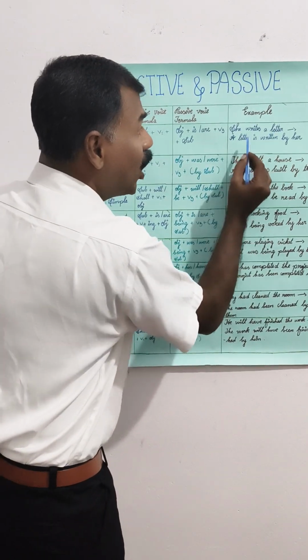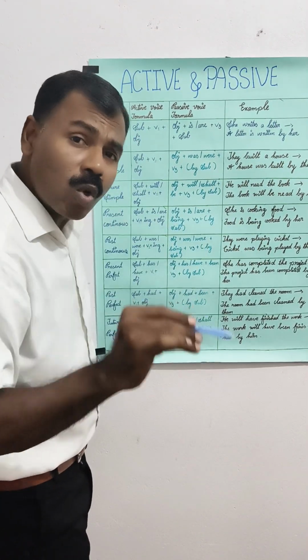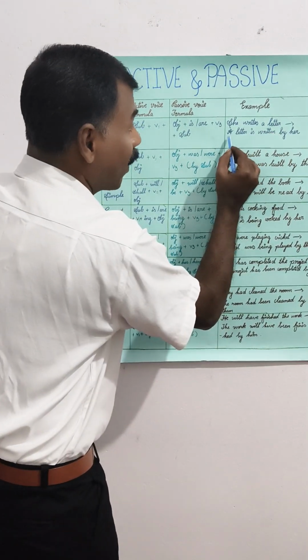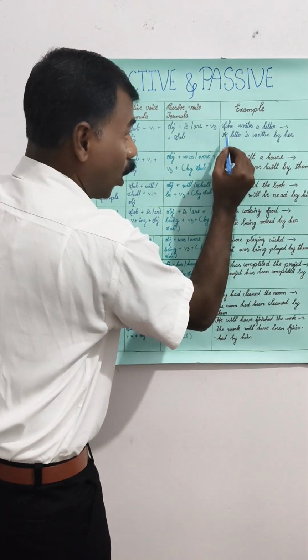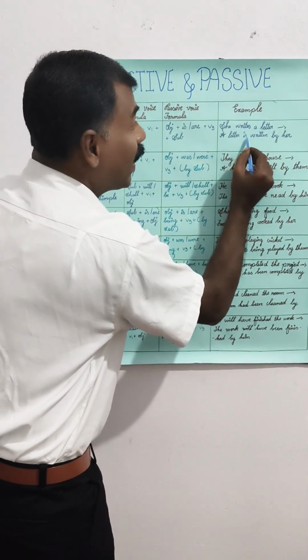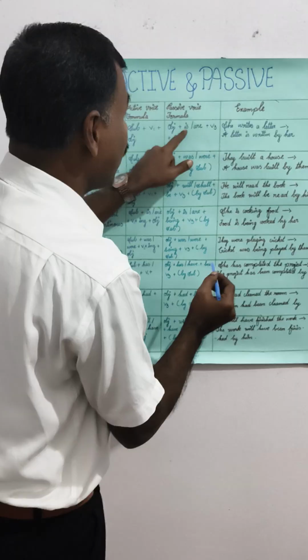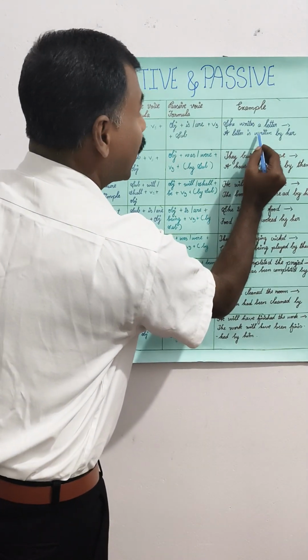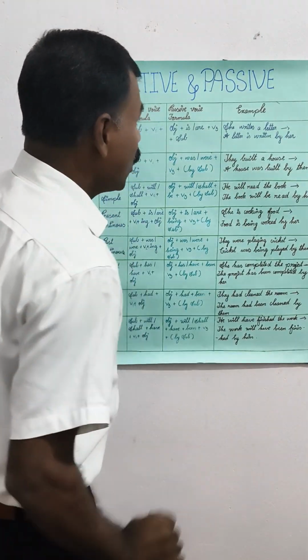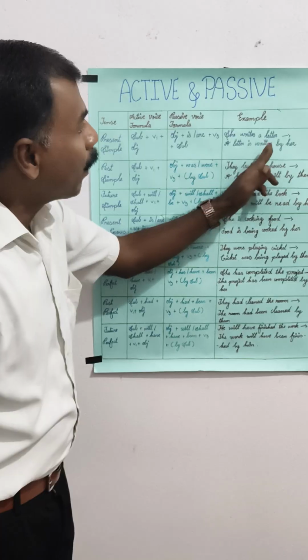She writes a letter: we start with the object, a letter. A letter is written by her.